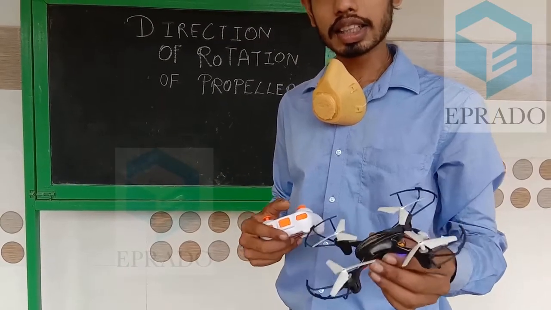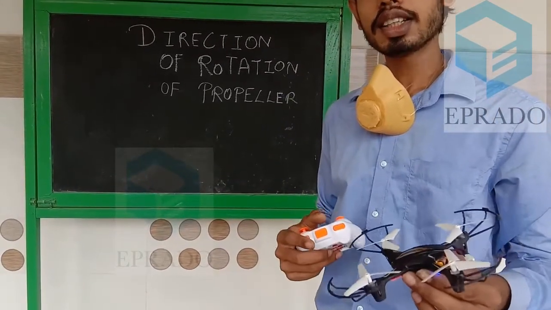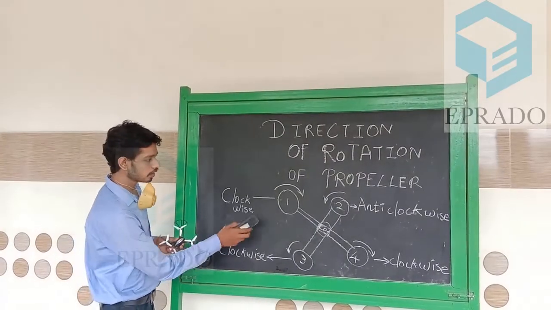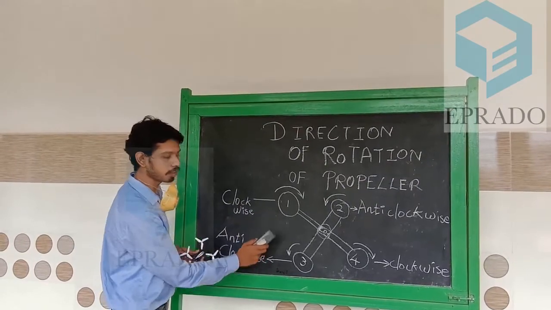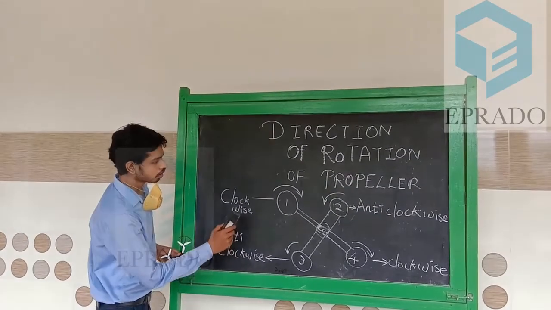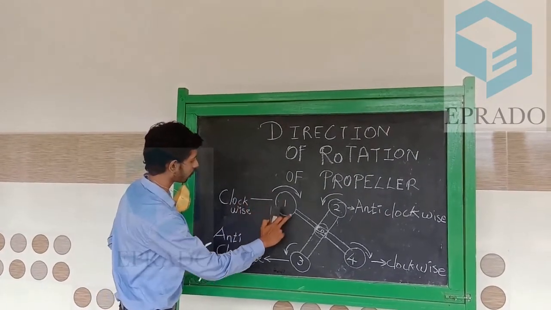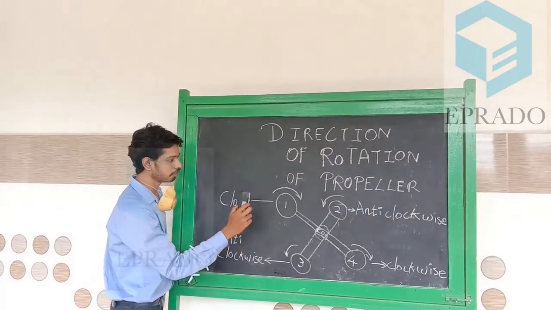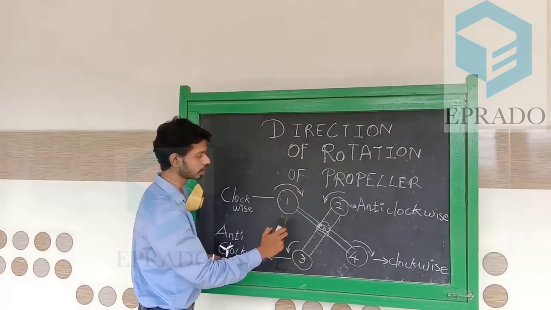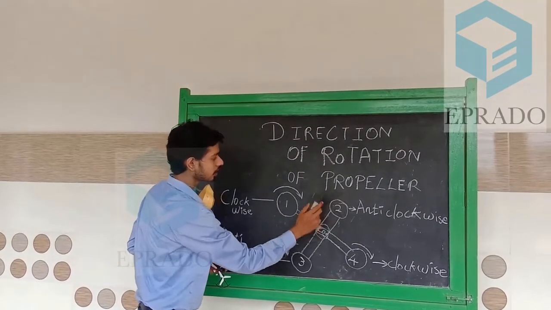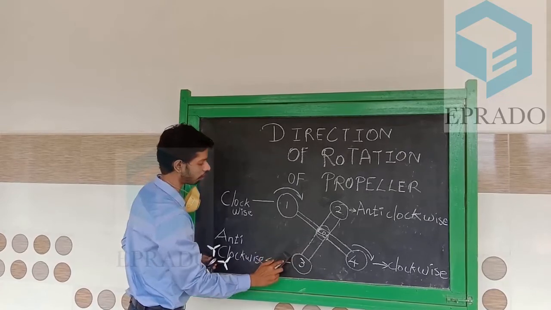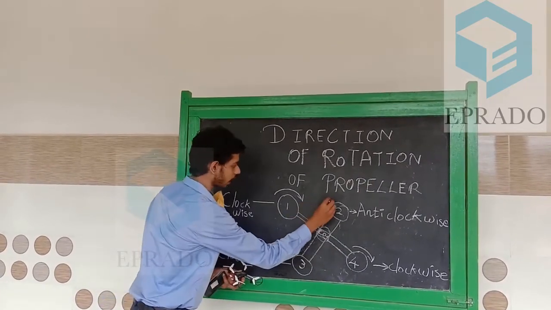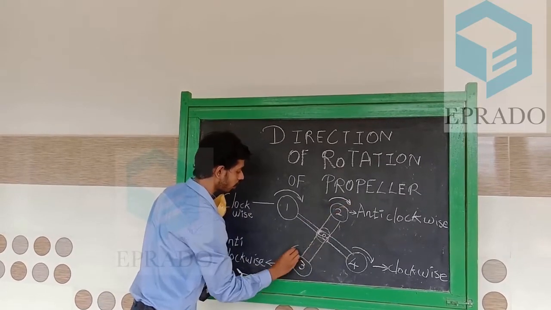Let's have a look at why it is different. In general, this is the diagram of a drone, and the directions of rotation of adjacent propellers are opposite. If all the propellers rotated in the same direction, say clockwise, what will happen?